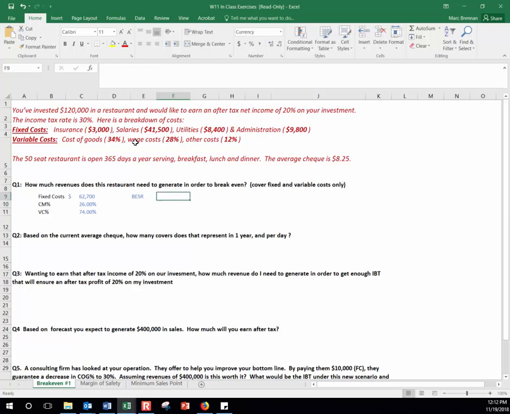Perfect. So now we can find our break-even sales revenue, or BESR. It's in your presentation, as well as there's a handout on Brightspace on how to calculate that. The calculation is fixed costs divided by contribution margin percentage. So our fixed costs are $62,700, and we're going to divide that by 0.26, our contribution margin percent.